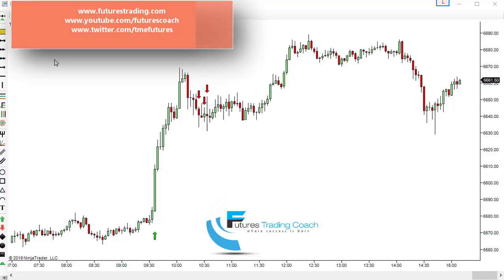Our general philosophy of entries and exits is that we micromanage our entries and we macromanage our exits. What does that mean? Well, that means that we're very particular about when we get in.